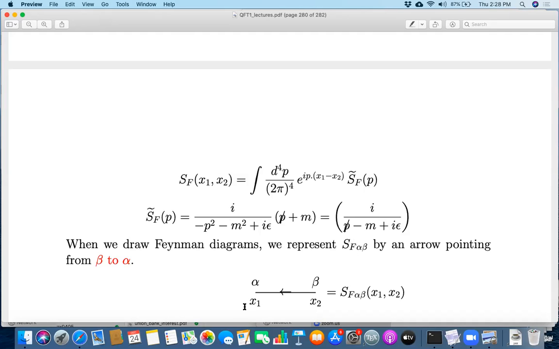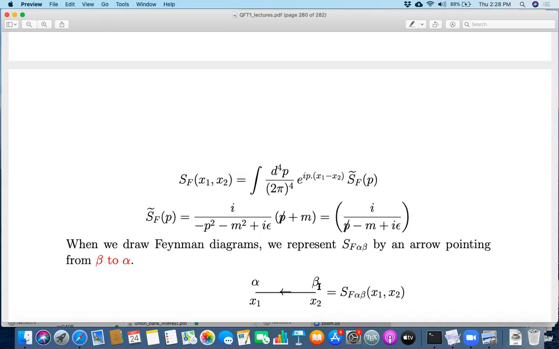But now there is a difference from the earlier case, because there we were trying to calculate the vacuum expression for the time ordered product of phi of x1, phi of x2. So both were phi, and there is really no distinction between the two ends.